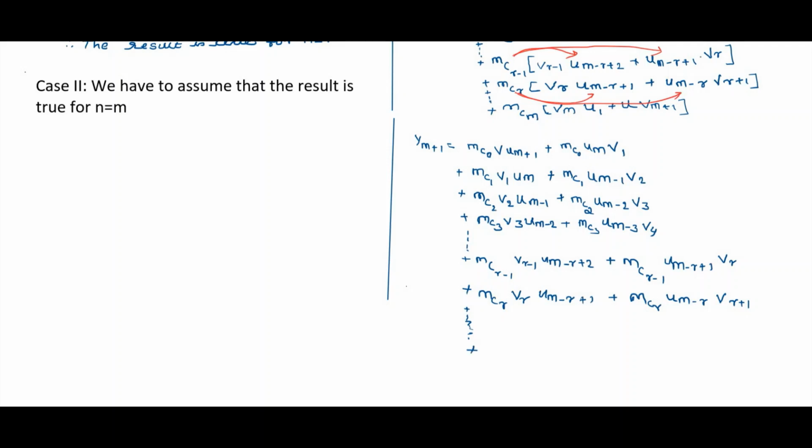At last, if you multiply MCM into this term, it is equal to MCM V^M U^1 plus MCM U V^(M+1). So this is the simplification.